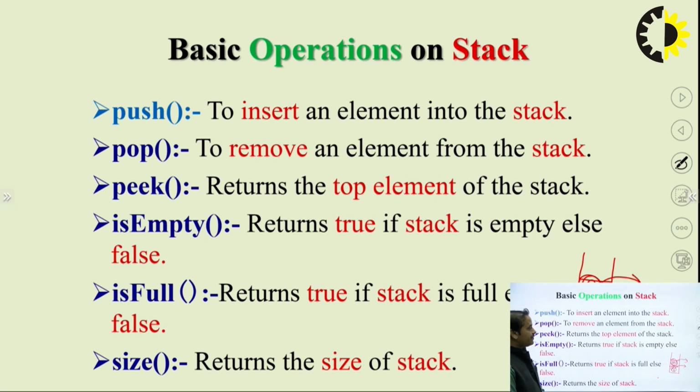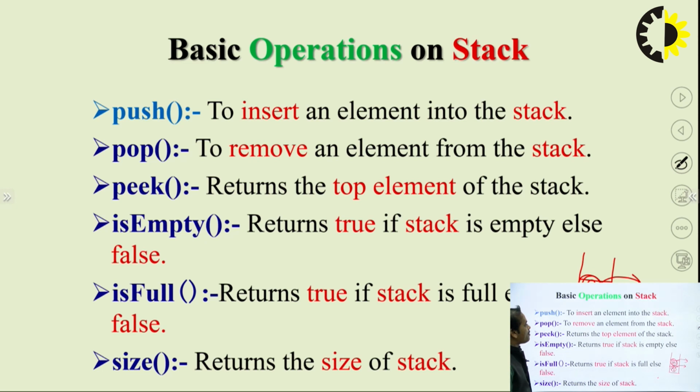It returns true if the stack is empty, else false. That means this function is used to check whether our stack is empty or non-empty. Next one is full. This is used to find whether the stack is full. And the last one is size. This function returns the size of the stack.